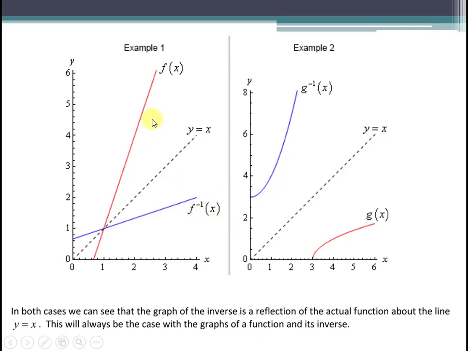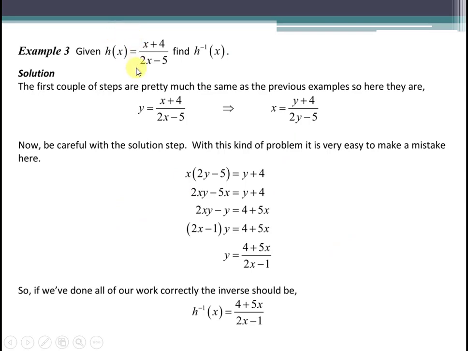So the inverse function will be a reflection of the actual function about the line y equals x. This is important. Okay, example number 3. Given h of x is equal to x plus 4 over 2x minus 5, find the inverse function of this function.